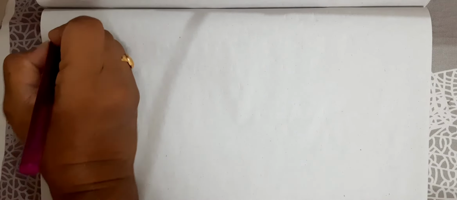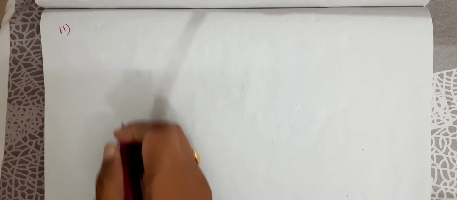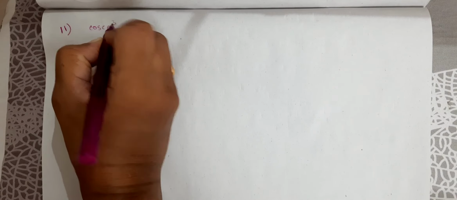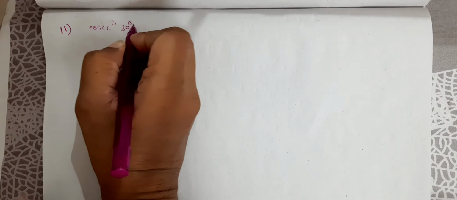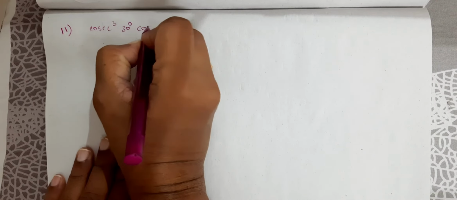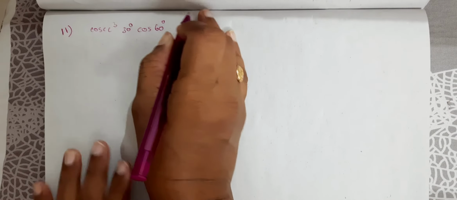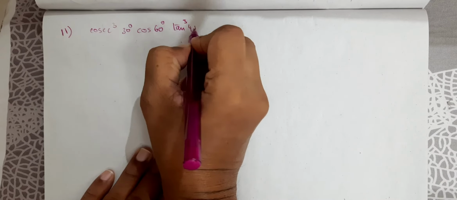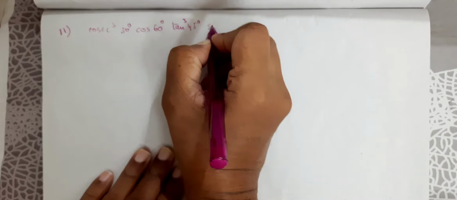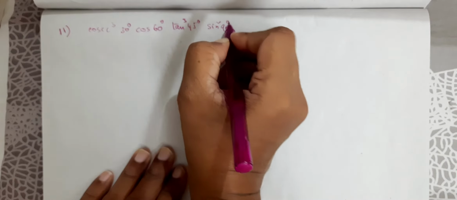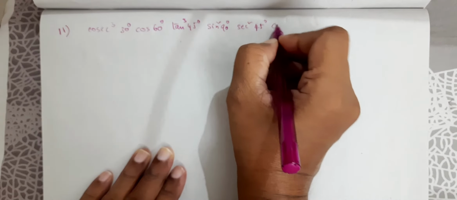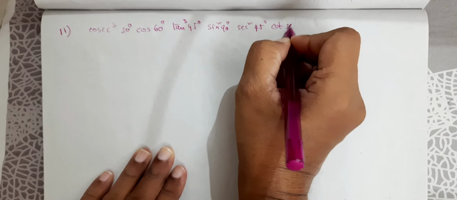Now let us see the 11th problem. Like the 11th one now we are seeing, which we need to evaluate: cosecant cube 30 degrees, cos 60 degrees, tan cube 45 degrees, into sine square 90 degrees, into secant square 45 degrees, into cot 30 degrees.